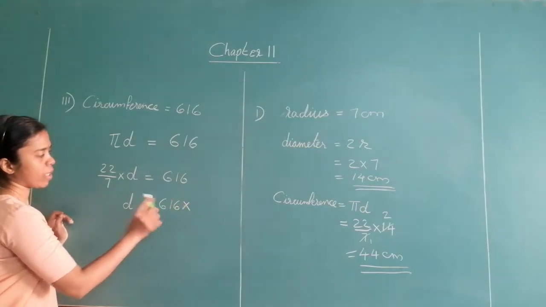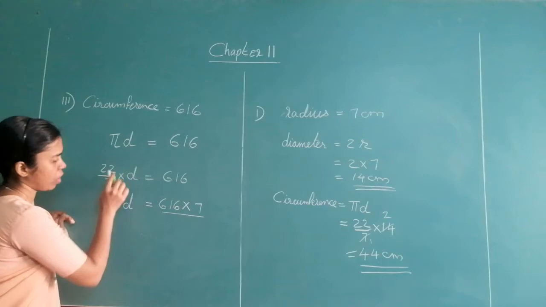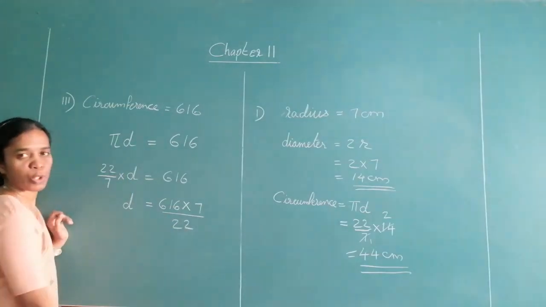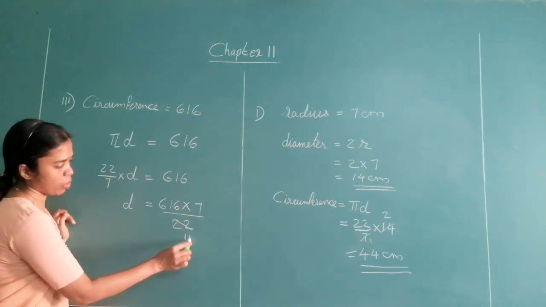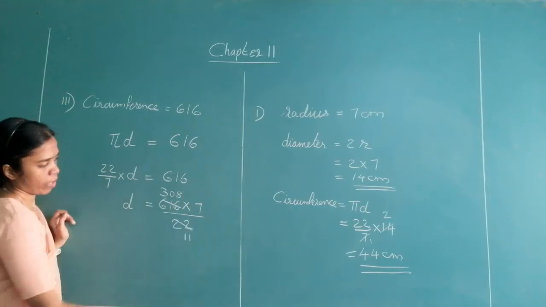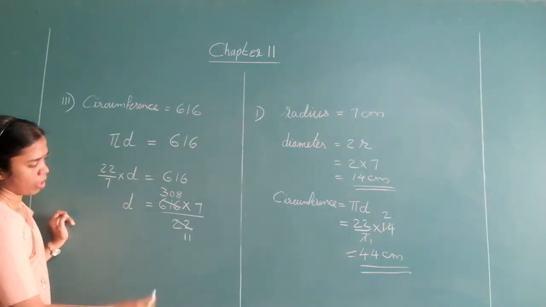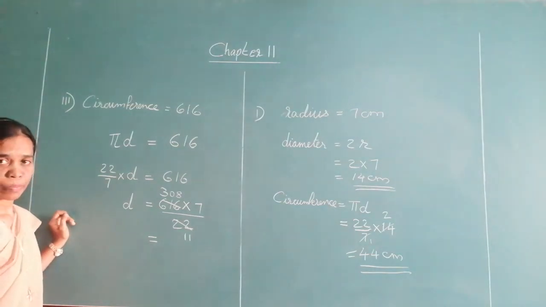So, you have 616. This denominator comes over here, 7 upon 22. We can cancel it in 2's. 11 times 2, 3, 8. Okay. Now, how will you cancel it?